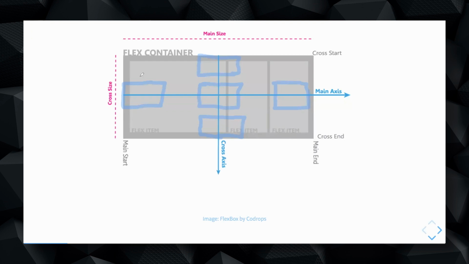Now, as you can see in this diagram, and you will later see another diagram that might be a little bit better, we have the size of each axis. So the flex container element has, let's say, 500 pixels width. The main axis has exactly the same size. So even though you have this arrow pointing towards the right of the screen, the size of the main axis is taking up just the space around the flex width.